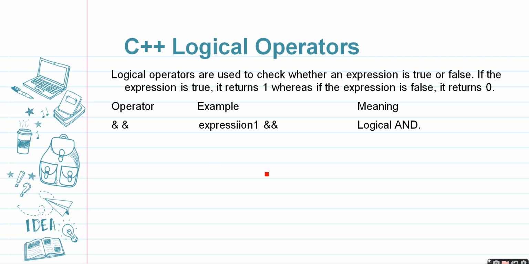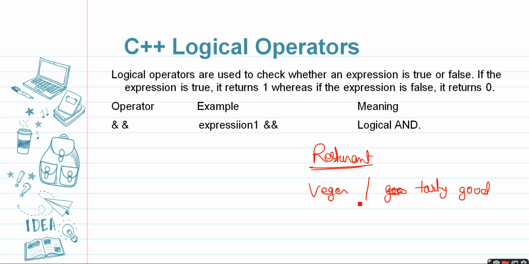Let's take an example of our previous one, our restaurant. I go only to those restaurants which are vegetarian as well as provide good or tasty food. So I apply both conditions. If both conditions are true, only then will I enter that restaurant.